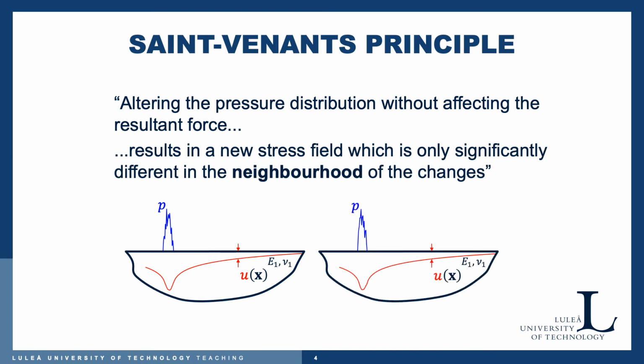And if we just change this pressure distribution a little bit, as you can see now, still maintaining the load balance, we have a slightly different deformation field, but if we measure it at that point, the very same place, it will be more or less the same, regardless of the little changes, the local changes in the pressure distributions that we imposed here.